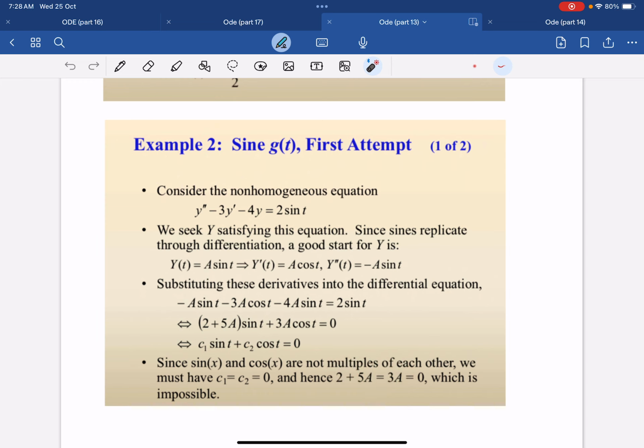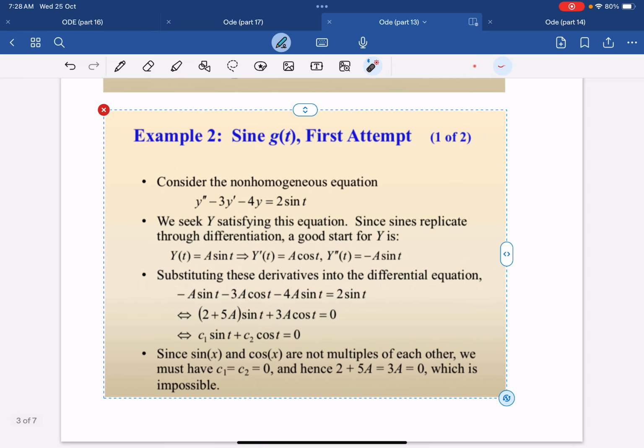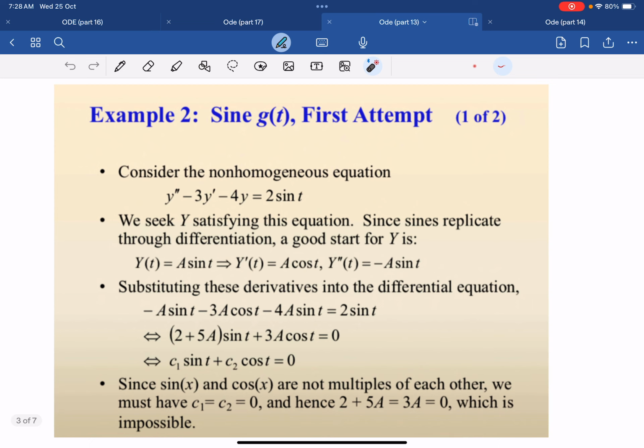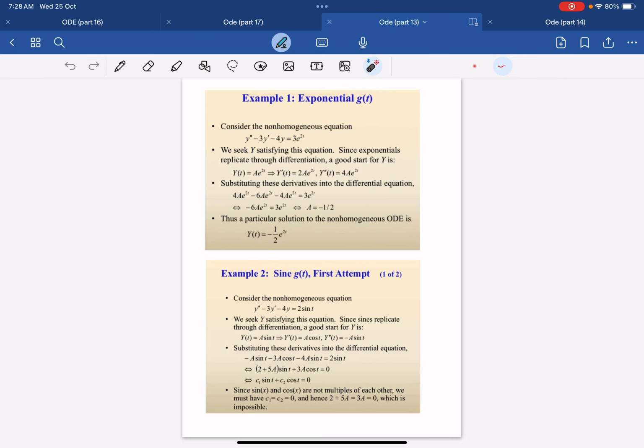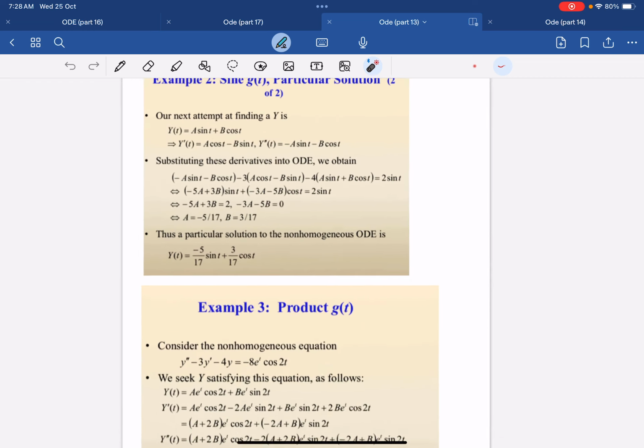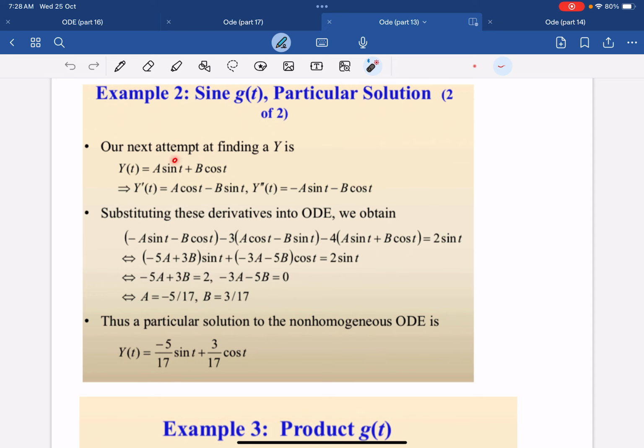So something is wrong here, and what we need to tweak is this: because the derivative of a cosine is also a sine, it's possible that y can include a cosine. So we just need to consider A sine t plus B cosine t. This allows us to solve for A and B, because now we have two equations, and this tells us that A is minus 5 over 17 and B is 3 over 17.